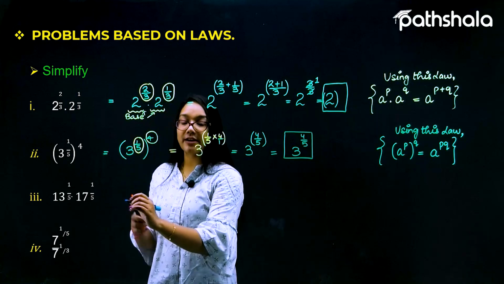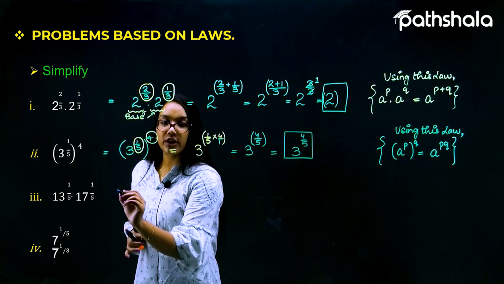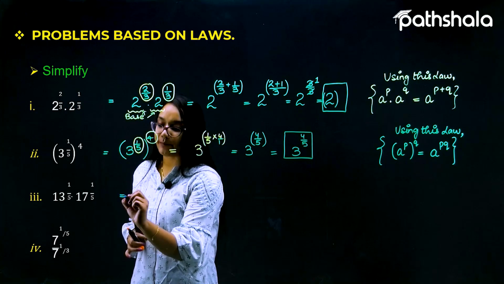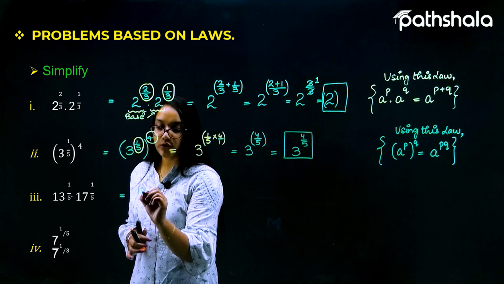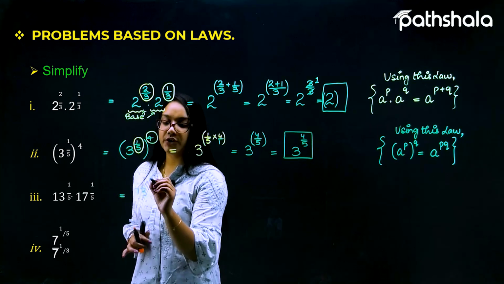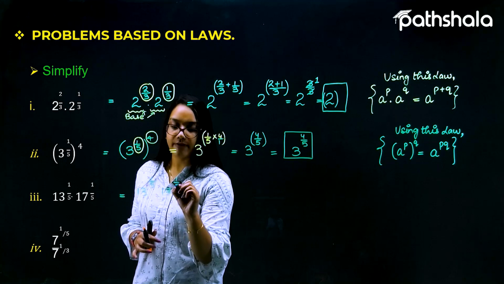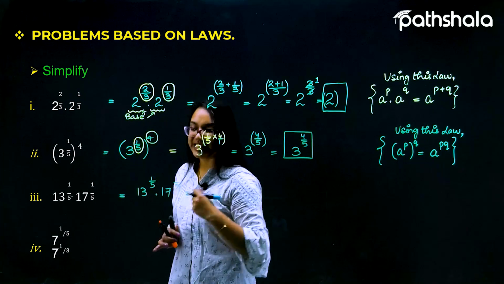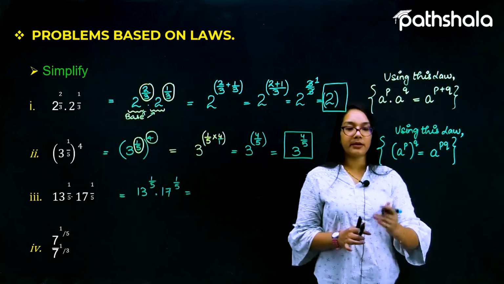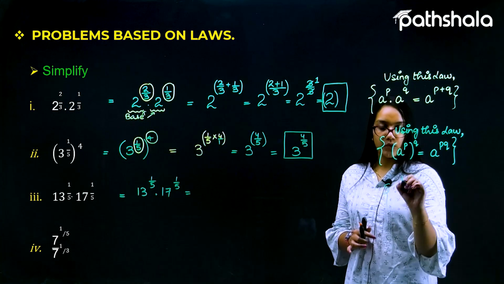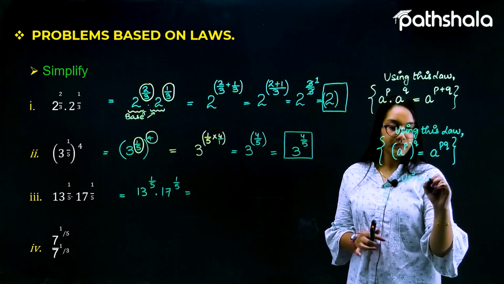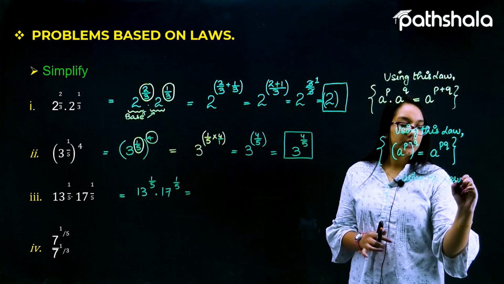The third part says that we have bases which are different from each other and the powers are same. So, let us suppose I'm rewriting it again. It is 13 raised to the power 1 by 5 into 17 raised to the power 1 by 5. As we know that we have different bases, whenever we have different bases, we always remember about using the result.